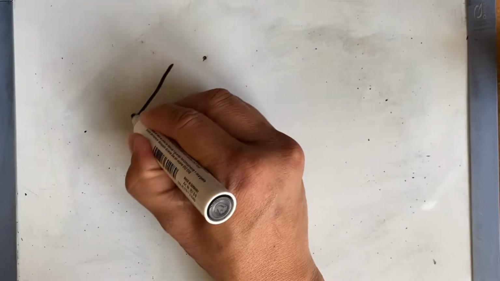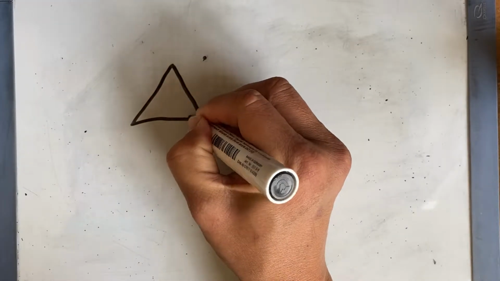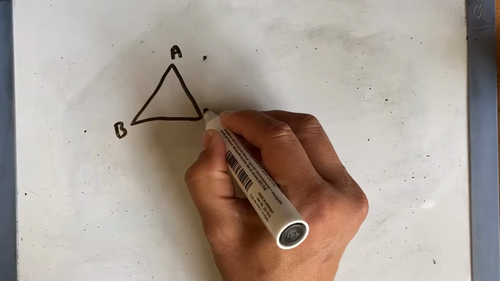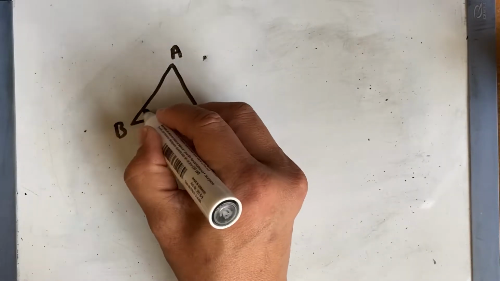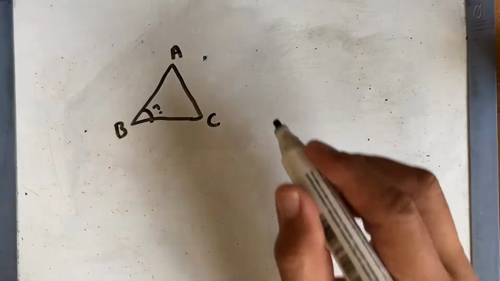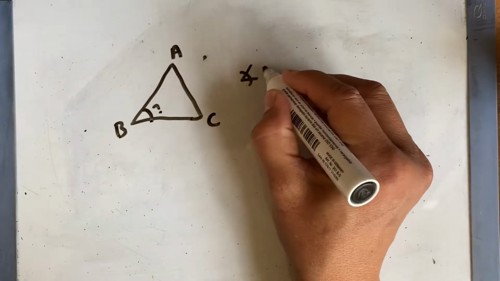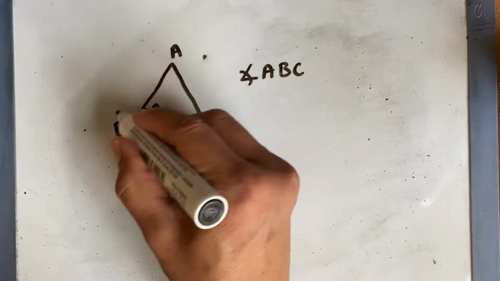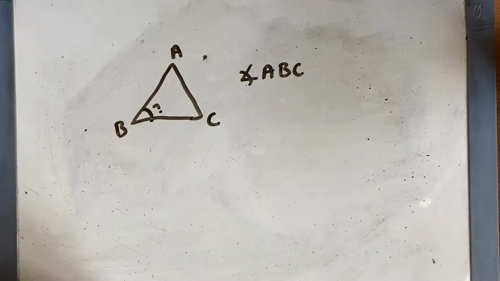Before we even start, for any triangle, if I want to find angle B, this angle here, we actually write that as angle ABC. That means if you want to get that angle ABC, that's how you write the full angle.